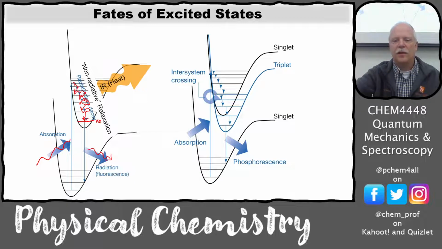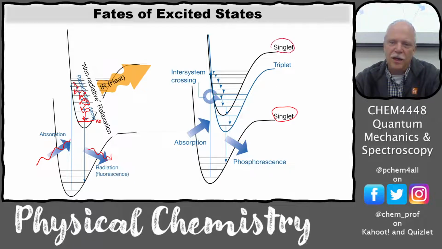Here's an intersystem crossing. So we have absorption, light comes in, and if you really zoom in on the notes, we're at a singlet state here, and it hits the singlet potential energy surface here. Right above the ground state, the most probable location for the wave function is this vibrational level on this singlet state up here.